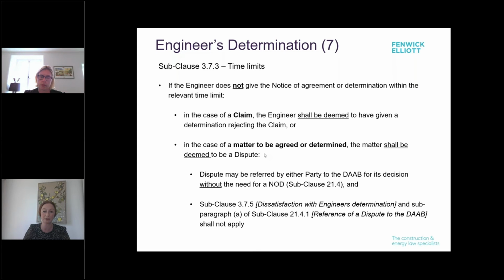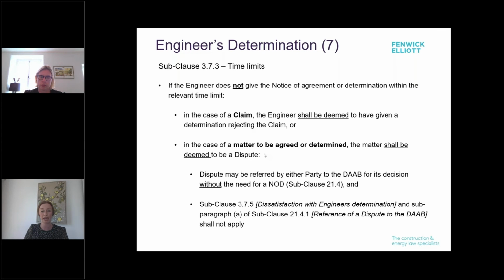So in the case of a claim, if no notice of agreement is given, it's deemed to be a determination rejecting the claim, and if it's a matter to be agreed or determined, then if no notice of agreement or no notice of determination is given, the matter will be deemed to be a dispute.